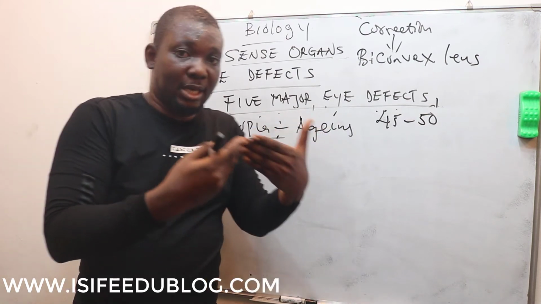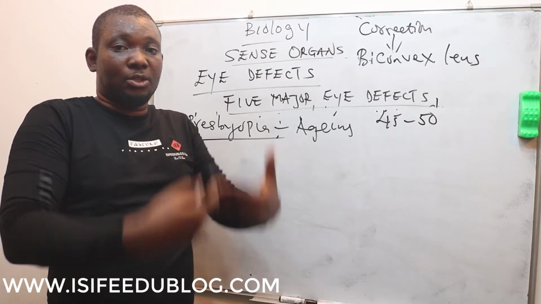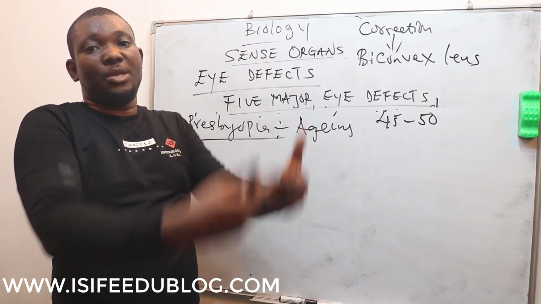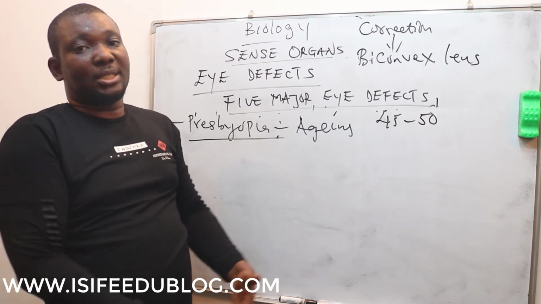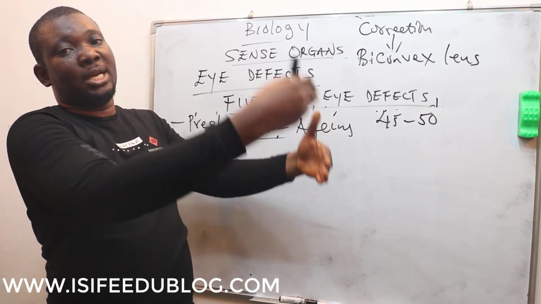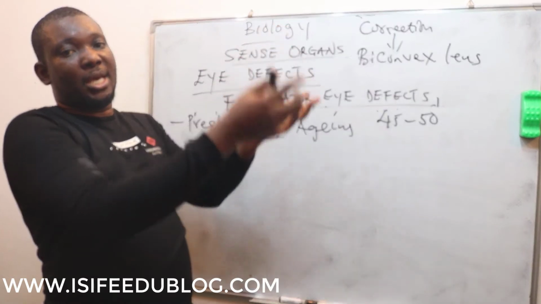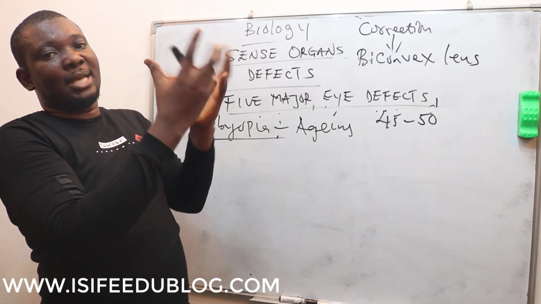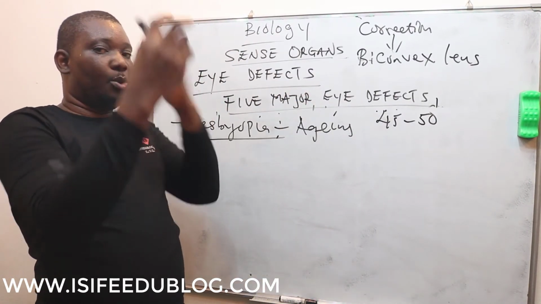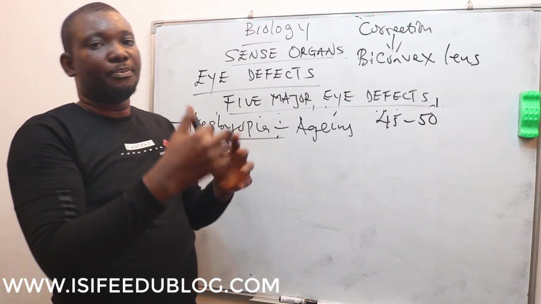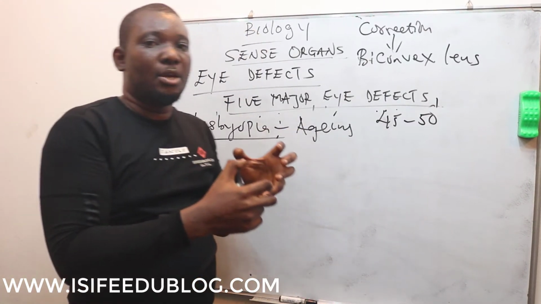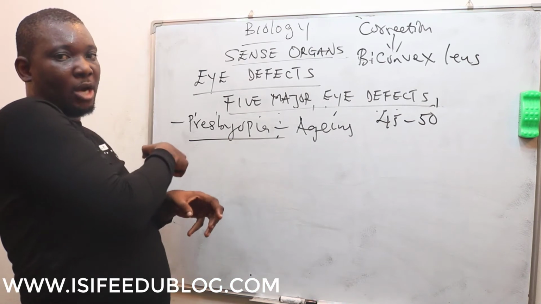That means it's aging. This is not what it has been; the person could read when much younger. But this time, the ciliary muscles and the suspensory ligaments are weak, and the lens is not being brought to focus the image, and maybe the image is falling before or at the back of the retina.